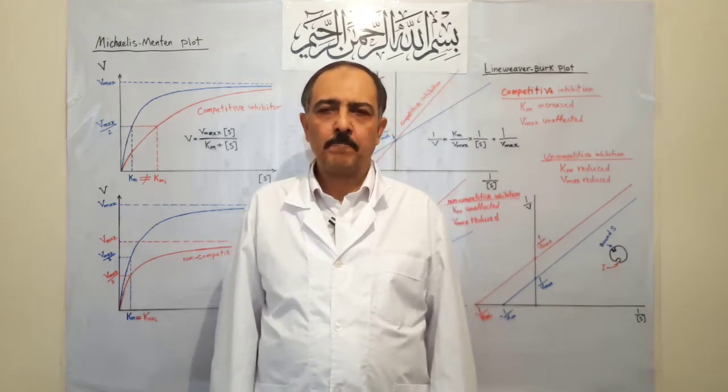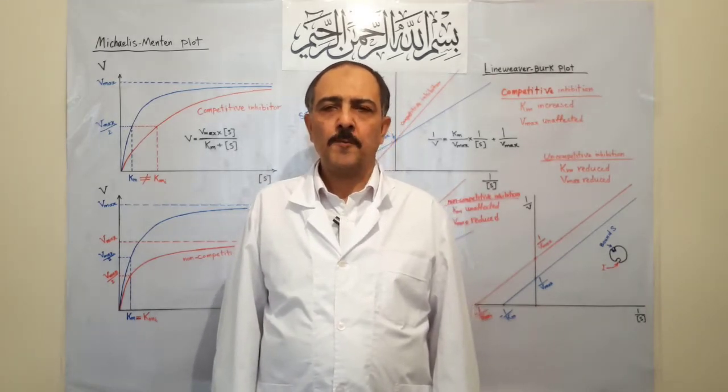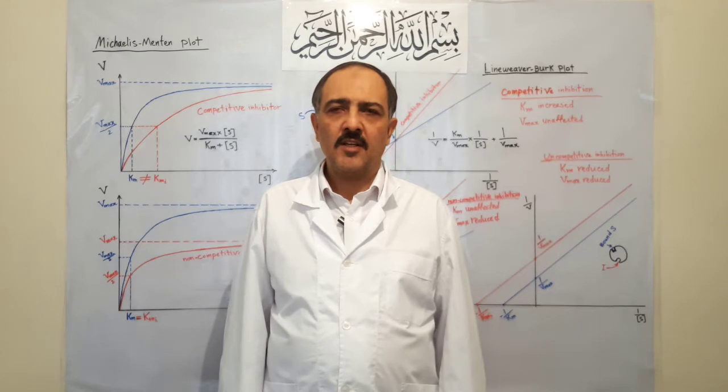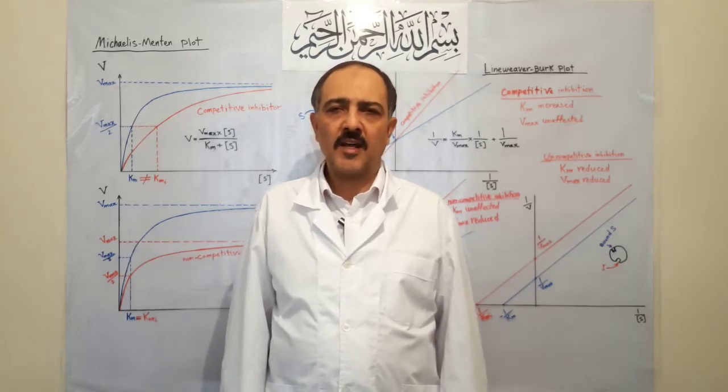It means that the amount of product formed is proportional to the substrate concentration. However, as substrate concentration increases, the reaction saturates and reaches a point of equilibrium in which the rate of enzymatic reaction no longer depends on substrate concentration.